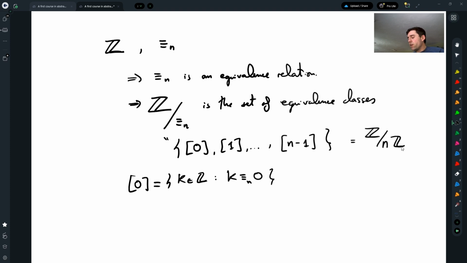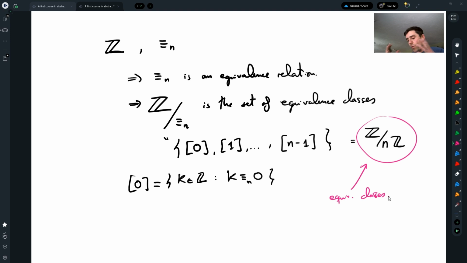So you can consider Z modulo nZ as the set of equivalence classes of Z under an equivalence relation. And then we can give an addition and multiplication to those equivalence classes like I just did before.